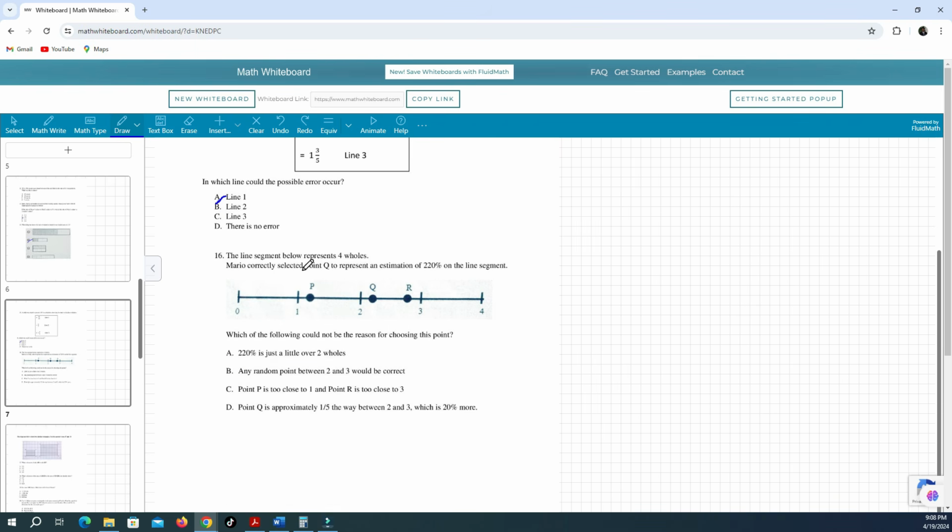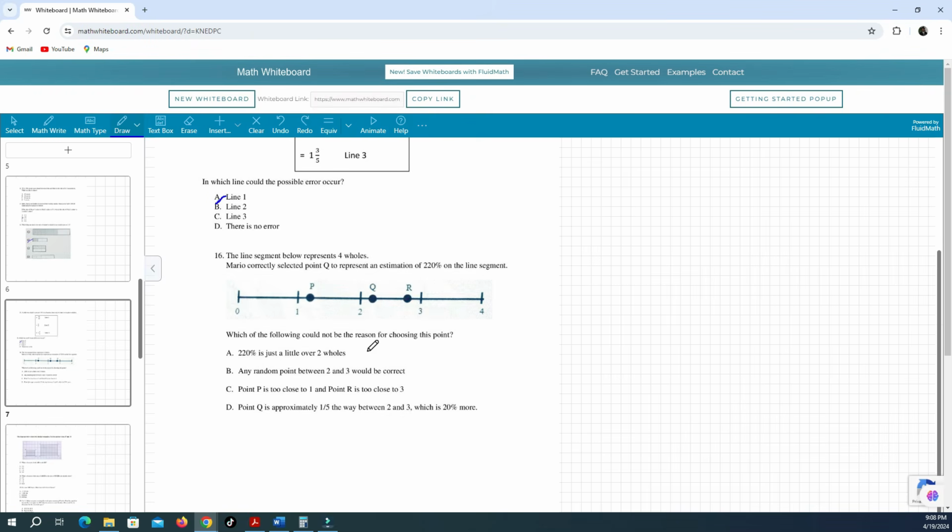It says the line segment below represents 4 wholes. Mario correctly selected point Q to represent an estimation of 220% on the line segment. Okay, so he selected Q here, which is 2.20. That looks right to me.